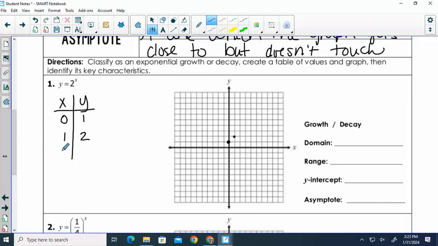If we put in a 2, what is 2 squared? 4. Let's try some negatives. If we put in -1, what is 2 to the -1? 1/2. 2 to the negative 2. 1/4.